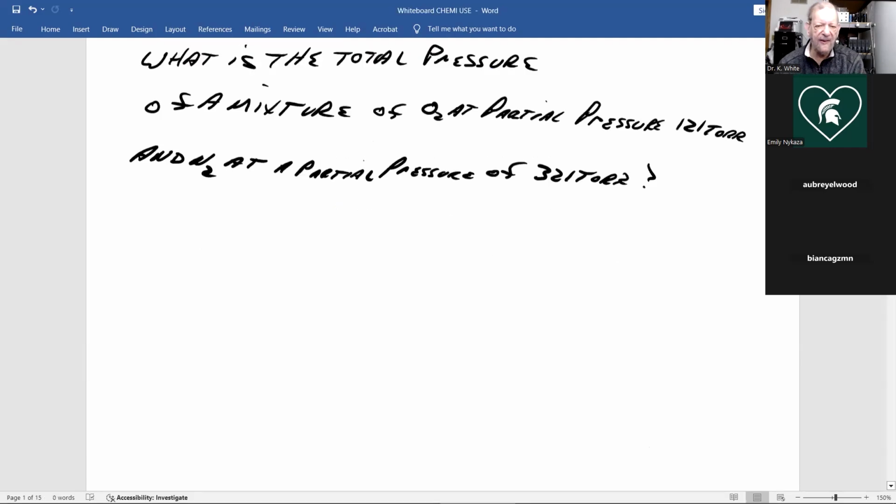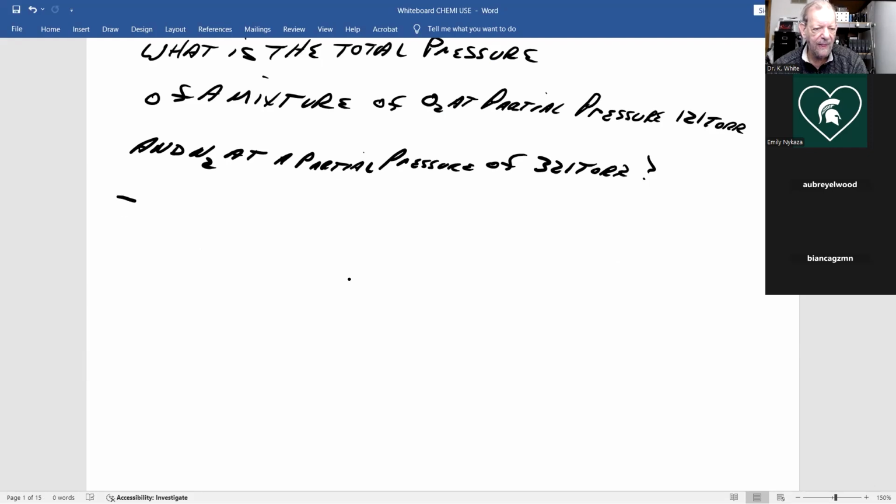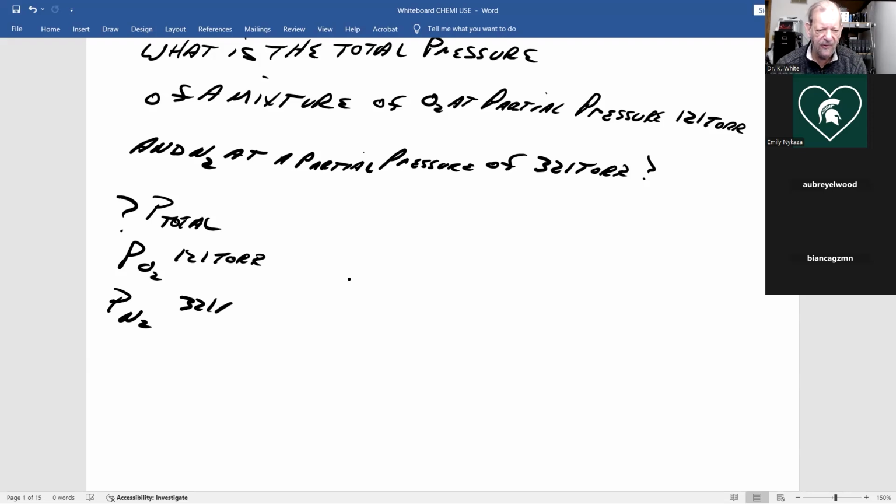So what are we trying to find? What are we given? Partial pressure of oxygen, PO2, 121. And the partial pressure of nitrogen gas, N2, is 321 torr.